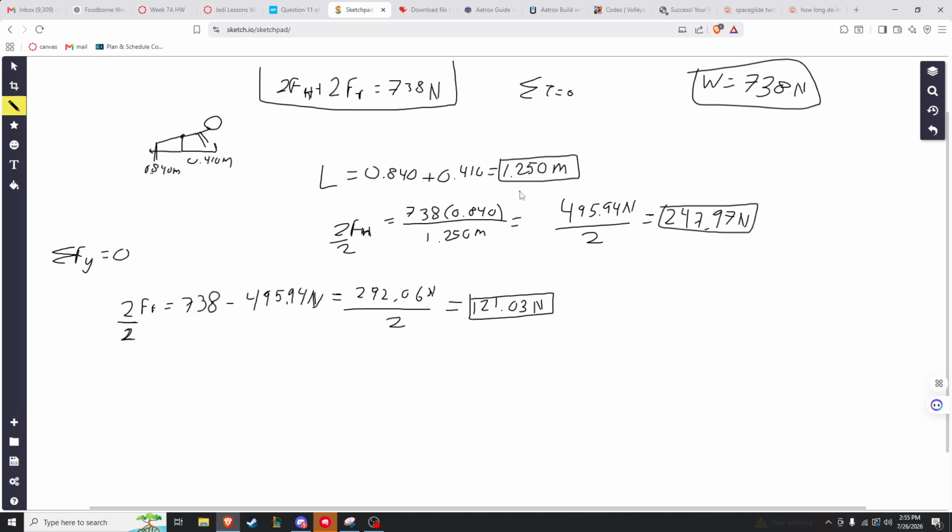We used the sum of torques to figure out the total distance, then used that to figure out the force of the hands, and found both hands together are 495.94 newtons. At that point we could use a sum of vertical forces to finally get the force of the feet. And those are my two questions.